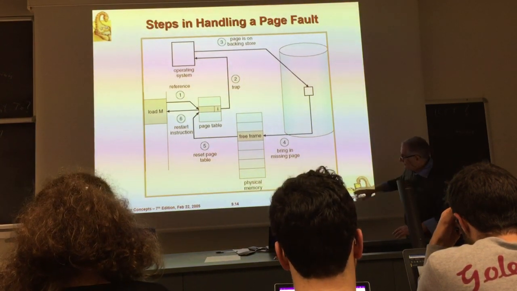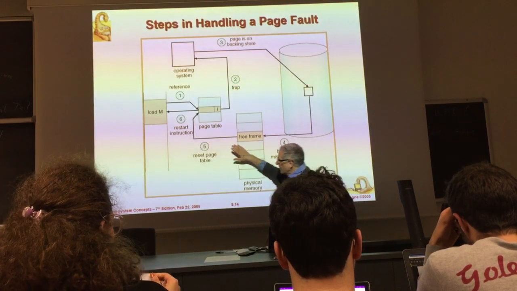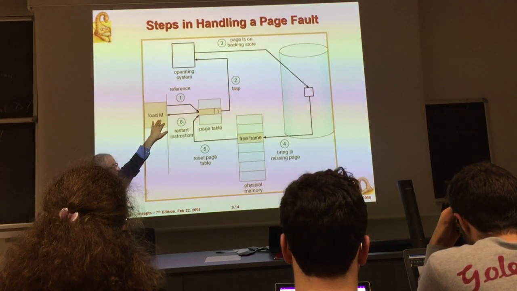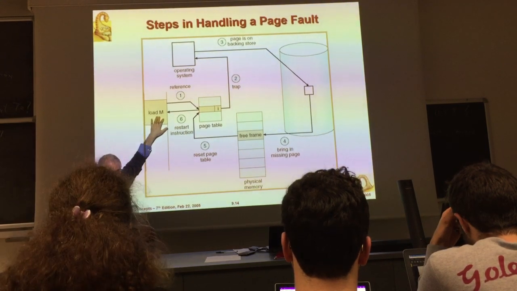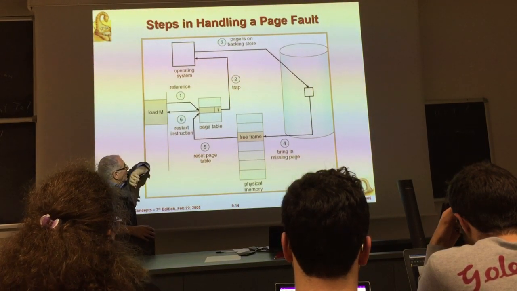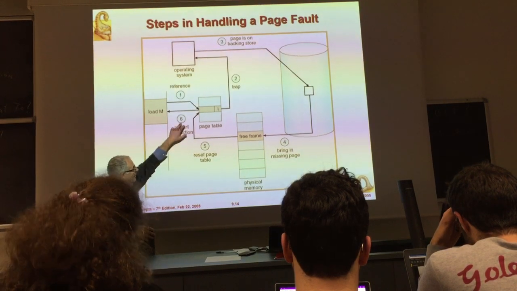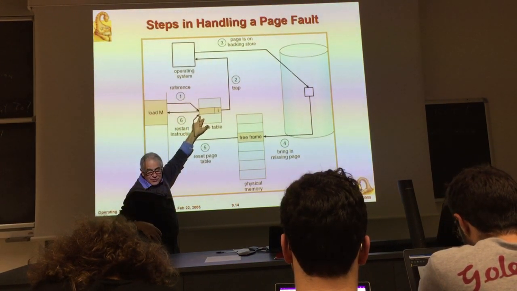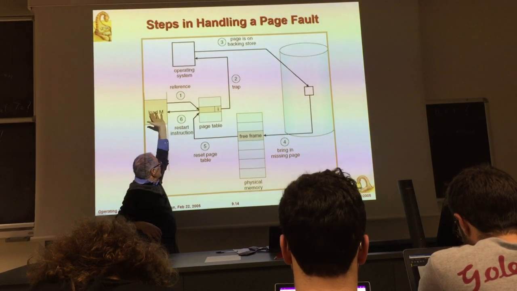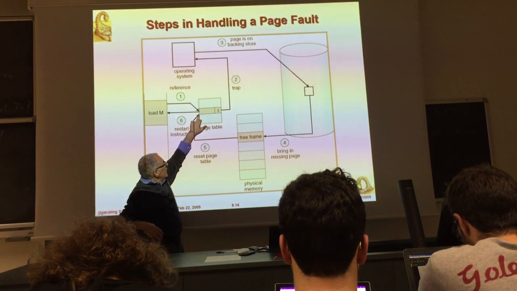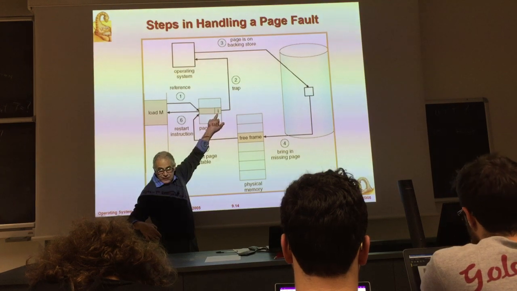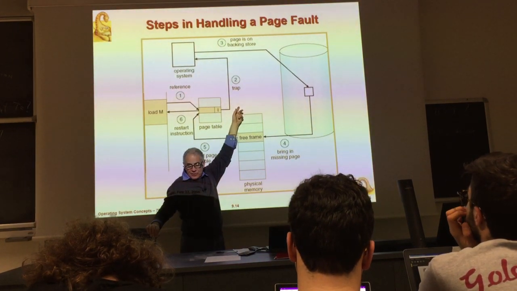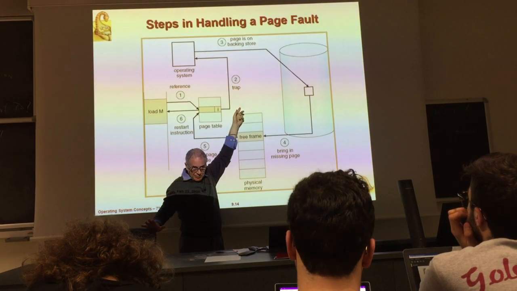You have a page, and somewhere in the page there is the instruction load M. And M is an address on a page different from the current page, and this page is invalid. This generates a page fault by hardware.